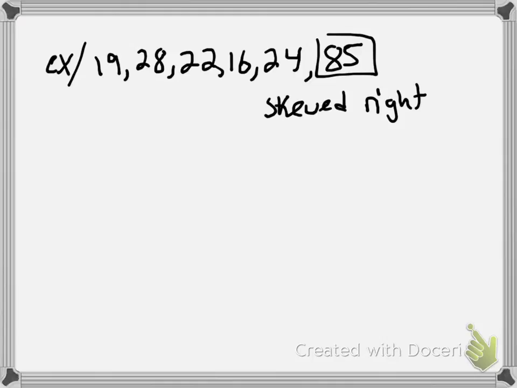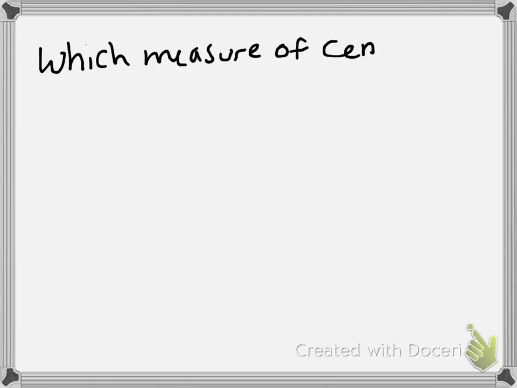The other thing that they want to talk about is your measures of center. So again, if you need anything from the screen, go ahead and get it. I'm going to clear it off. And they'll talk about which measure of center best represents the data.